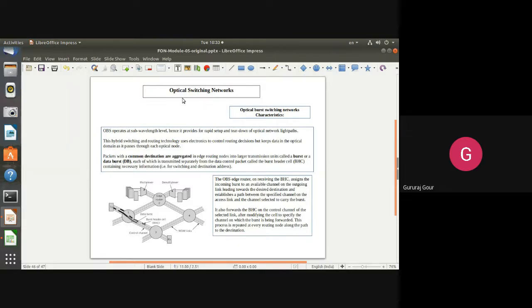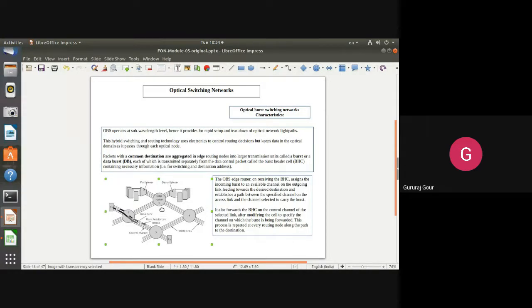In OBS, optical burst switching networks, the packets with the common address are grouped together. As you can see in this diagram, the packets which have the common address are grouped together and are designated to the edge routing nodes. Here you can see the OBS network consisting of 4 edge routers, 1, 2, 3 and 4.